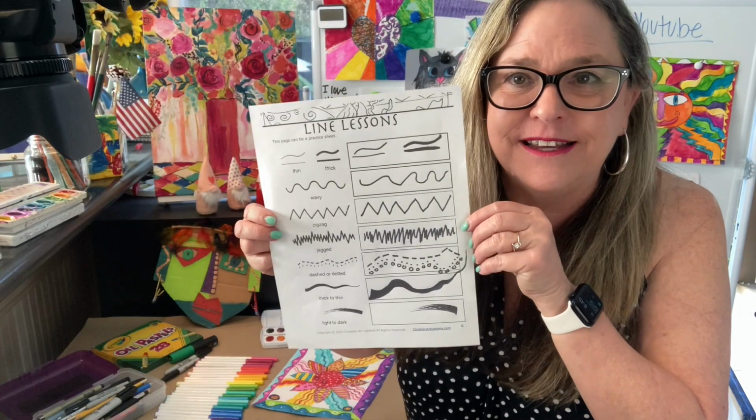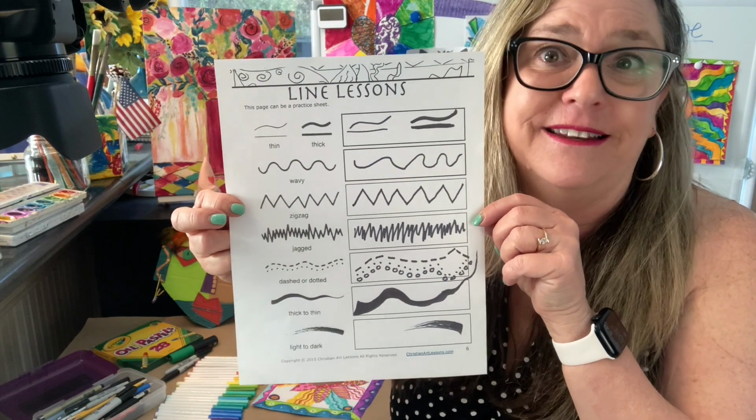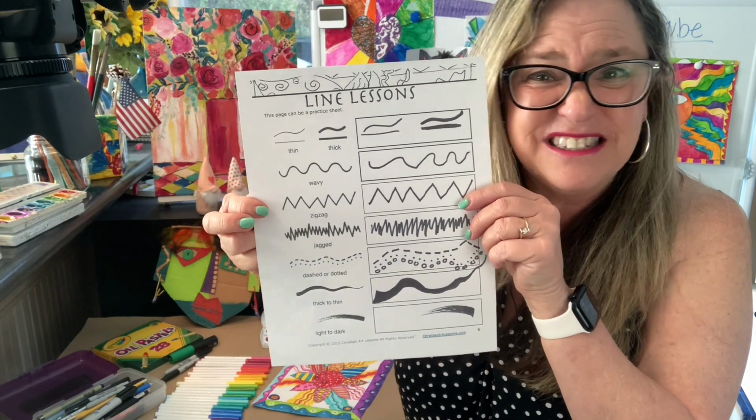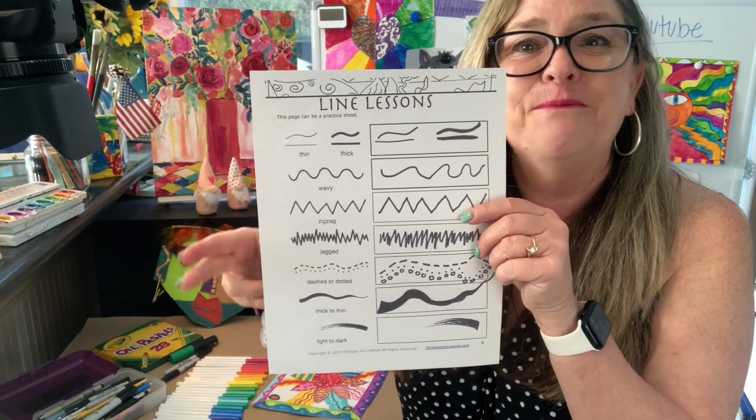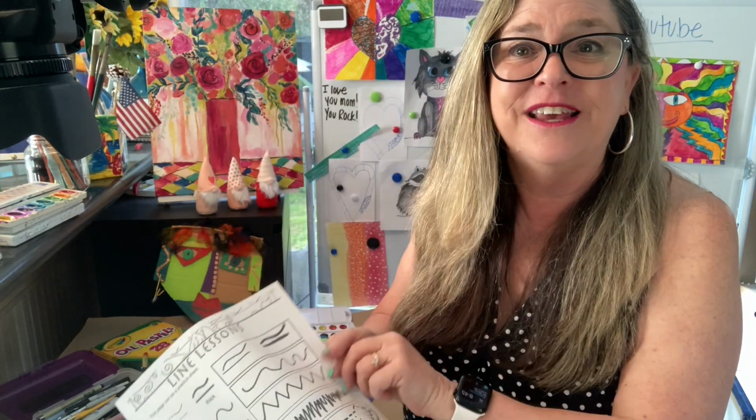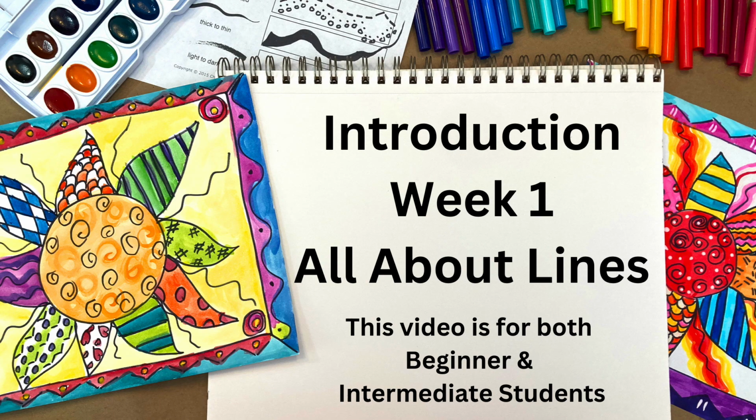Our first lesson is going to be a line lesson. Now, if you're advanced and you've already gone through all this kind of stuff, you can skip over to the intermediate section of the videos. All the videos are labeled. The first one will be the intro video. The intro video will explain what the art lesson's all about.